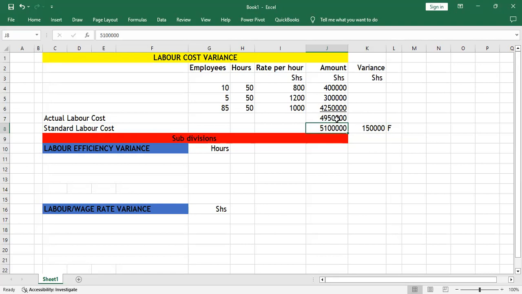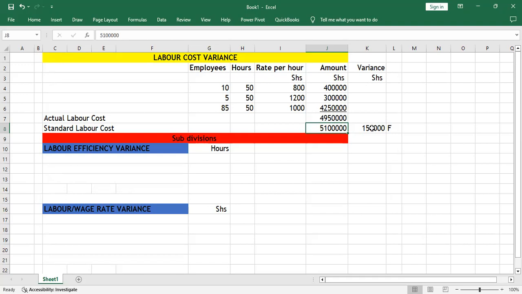So we incurred less, and this variance is favorable. That is the labor cost variance. We have shillings 150,000 favorable.